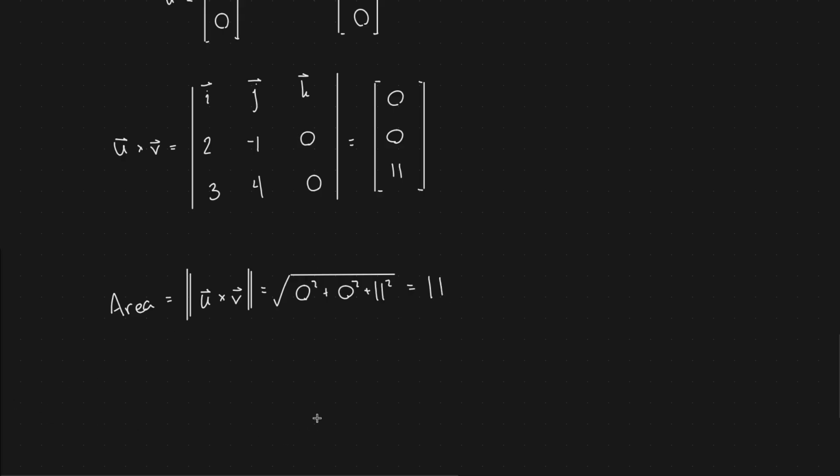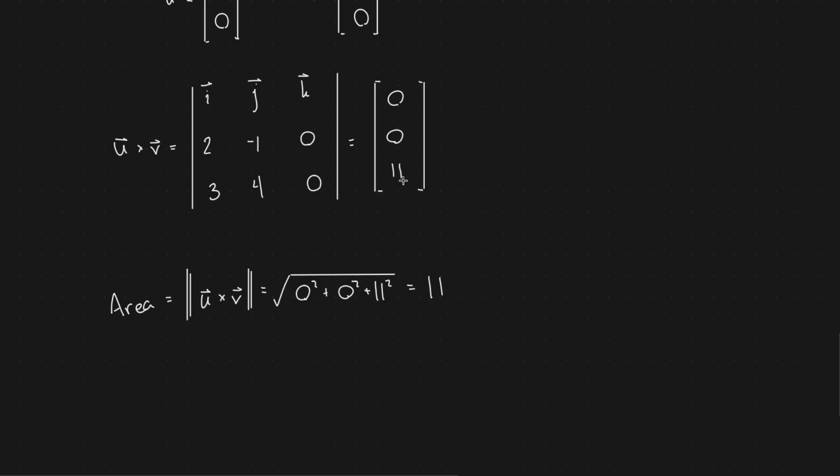Notice the only number that was important in this calculation in finding that area was the 11. The zeros didn't contribute anything. If I square 11, then take the square root, I just get the same thing again. Now, you've got to be a little careful here. If it was a negative 11 and I squared it, and then took the square root, I'd get a positive 11.